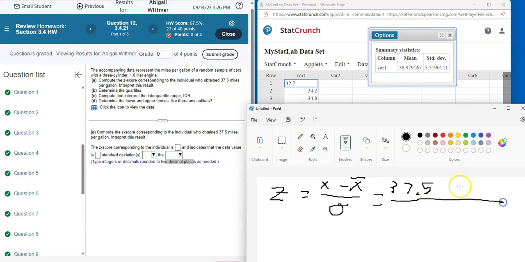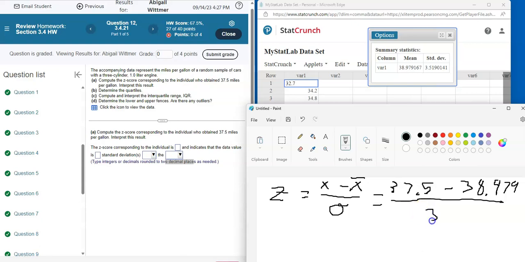37.5 minus the mean, and that's what I used StatCrunch for. The mean's 38.979.